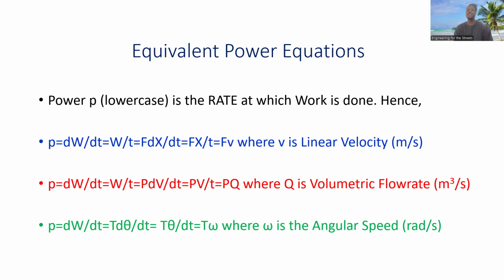So a performance parameter of an engine cannot be work, but power, because the work done depends on how long you are operating the equipment, for which you are running the engine. So it depends on the user.